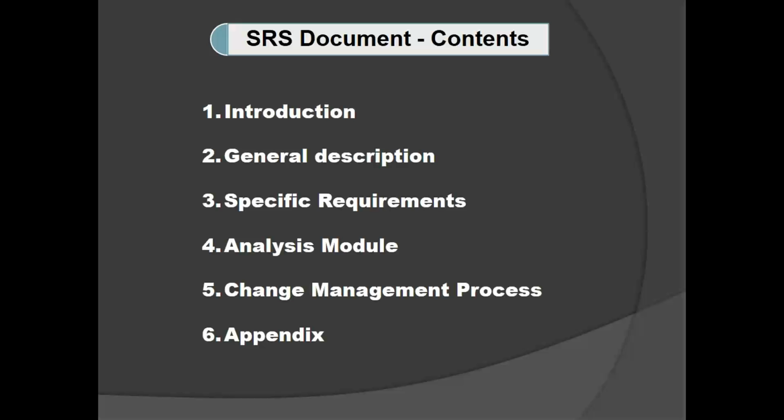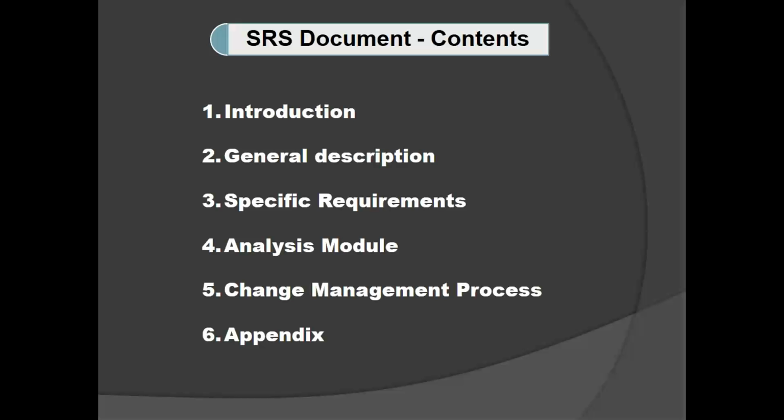The first one is purpose. Under this subsection, we specify why we are implementing this project, whether the client got any new requirements or whether the existing system is giving any problems.